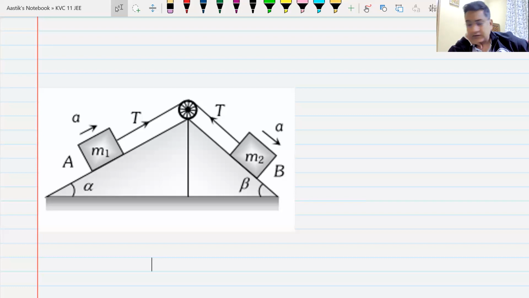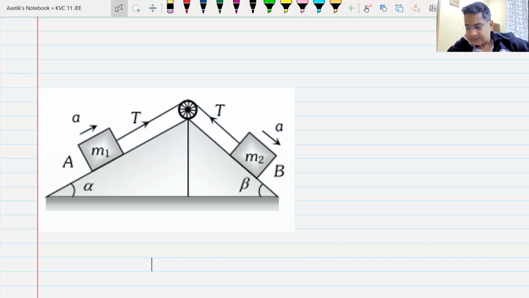They have given that M2 is going down. What is the condition for M2 to go down? When will M2 go down? When will M1 go down? No one knows the answer? Weight of M2 is greater than weight of M1.